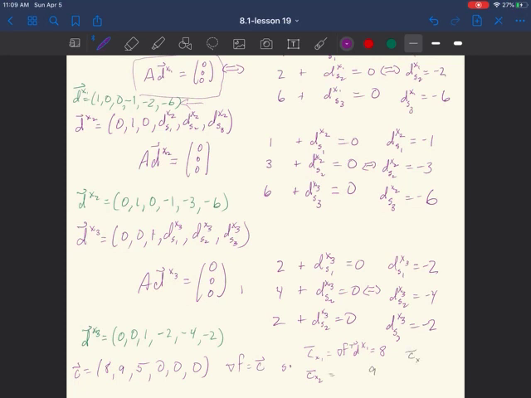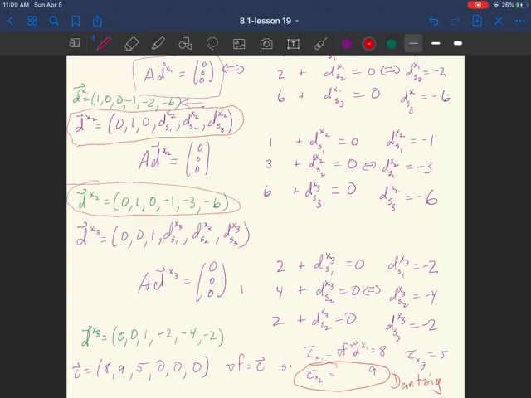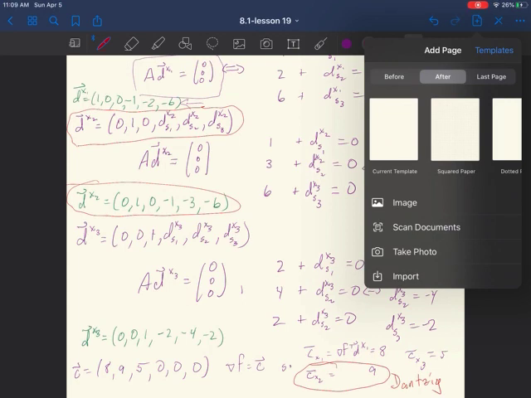Similarly, c bar x2 equals 9, and c bar x3 equals 5, which means that the improving direction that I'm going to choose, because of the Dantzig pivot rule, is x2. So this is going to be the direction I choose, which of course is this direction down here. So 0, 1, negative 1, negative 3, negative 6.